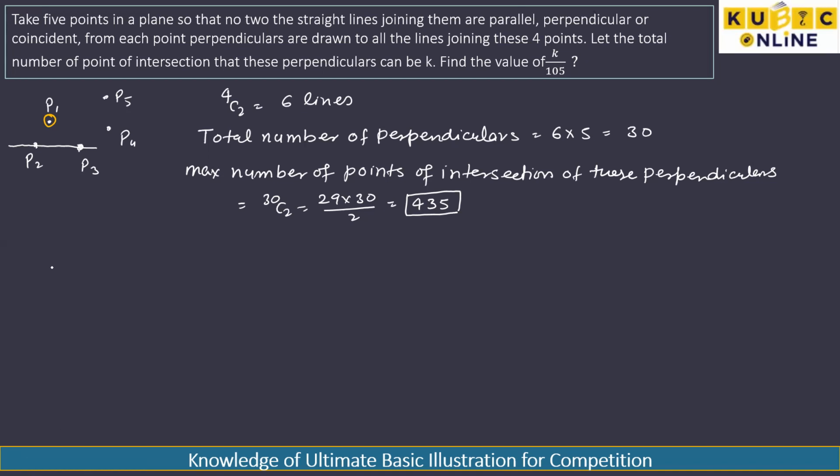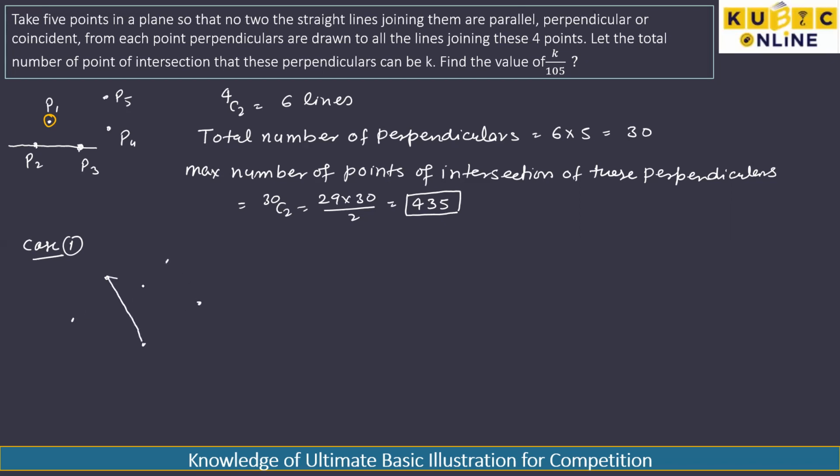Now see case 1. Case 1 is, suppose you join 3 of the points, so we'll get a triangle. This triangle has altitudes, and we know that altitudes are concurrent. So that means if the altitudes are concurrent, we'll get a loss of 2 points of intersection. So let us consider case number 1. We get 5 points.